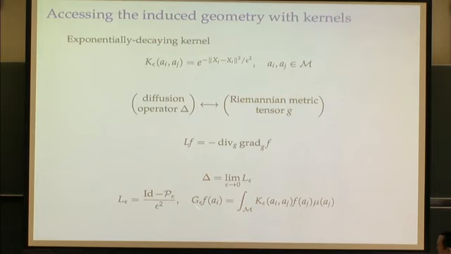I will come back to this with more specific details later on in the talk. But if we normalize this G operator suitably to an averaging operator, meaning an operator that preserves constant functions on our manifold, from that we can construct a diffusion operator. This is analogous to a Laplacian, and associated with this operator is a Riemannian metric.